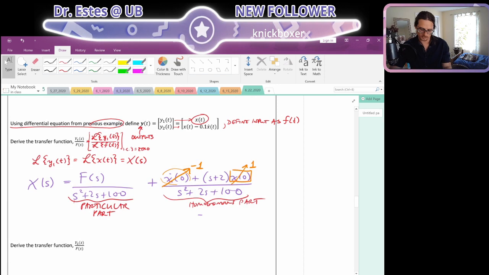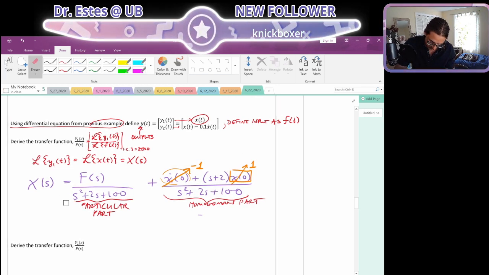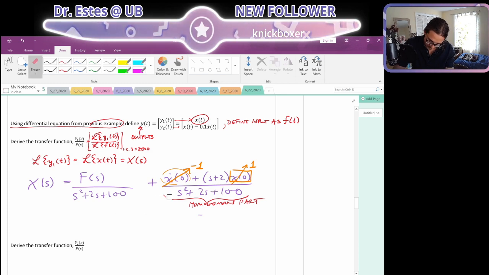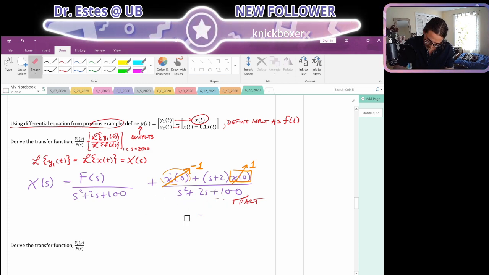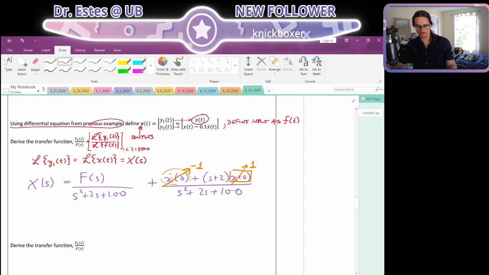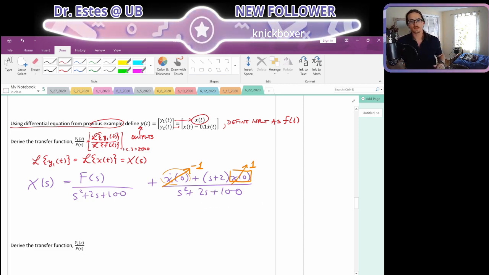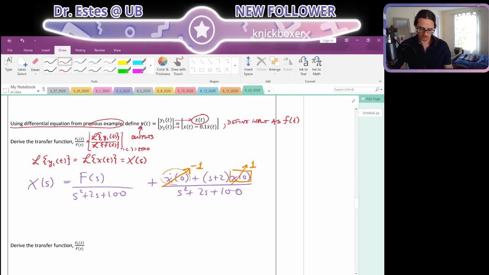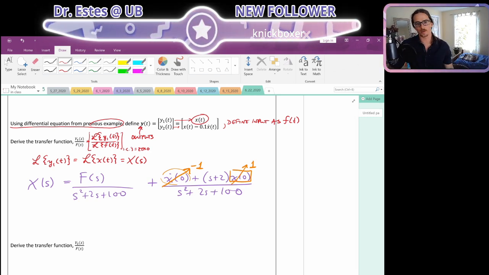Okay. I'm going to get rid of some of this. Now remember, for a transfer function, we're going to assume that the initial conditions are 0.